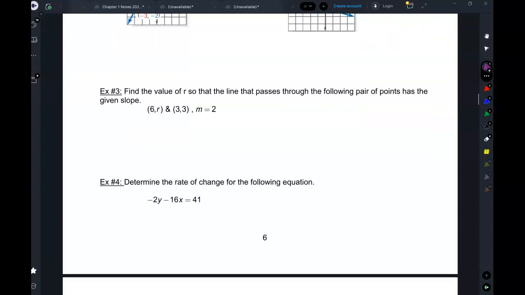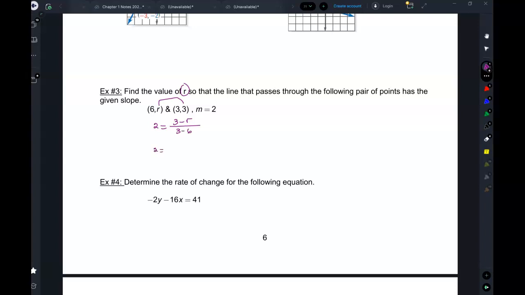Okay, next. Find the value of R so that the line that passes through these points has the given slope. So now, here are my 2 points, here is my slope. Same situation. This is the slope, M is equal to y2 minus y1, 3 minus r, over 3 minus 6, right?